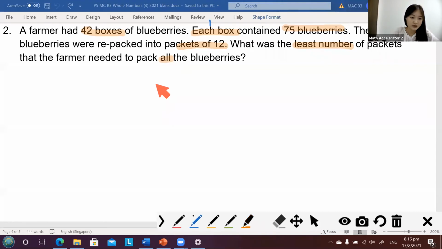Yes, you will take 75 times 42, because we want to find out the total number of blueberries. You have 42 boxes. Each box has 75, so you would times 75 to find the total. Can you type in your calculator? What will you get for total number?